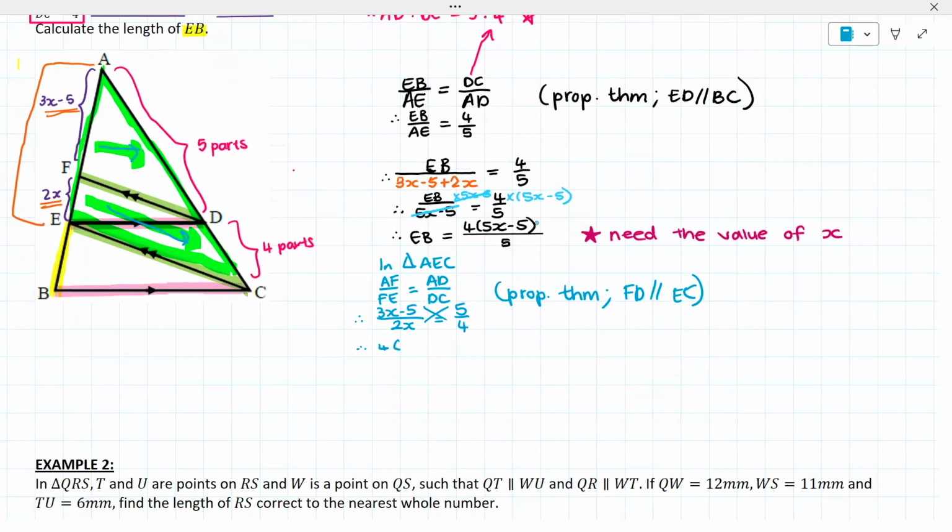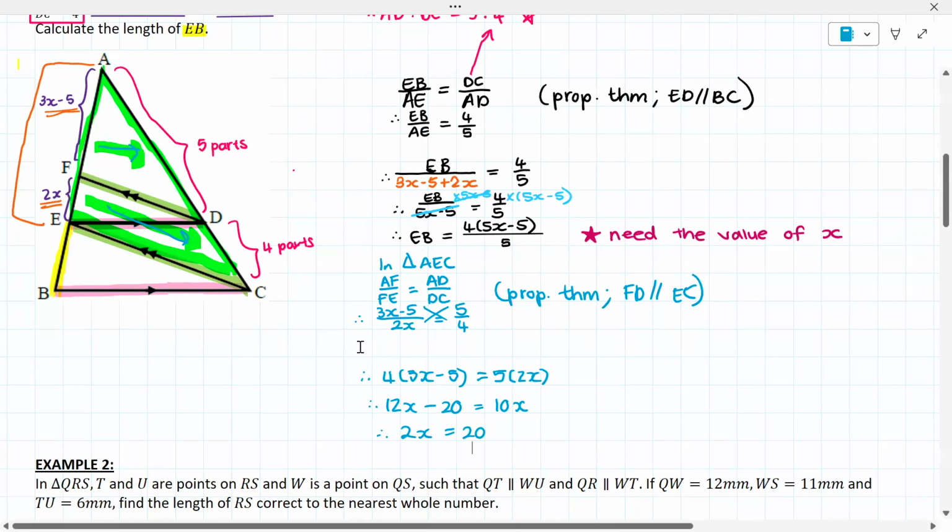So this would be 4 times 3x minus 5 is equal to 5 times 2x. If I distribute, this would be 12x minus 20 is equal to 10x. Inverse operations, 2x equals 20. And so once I solve for x, I get that x is equal to 10.